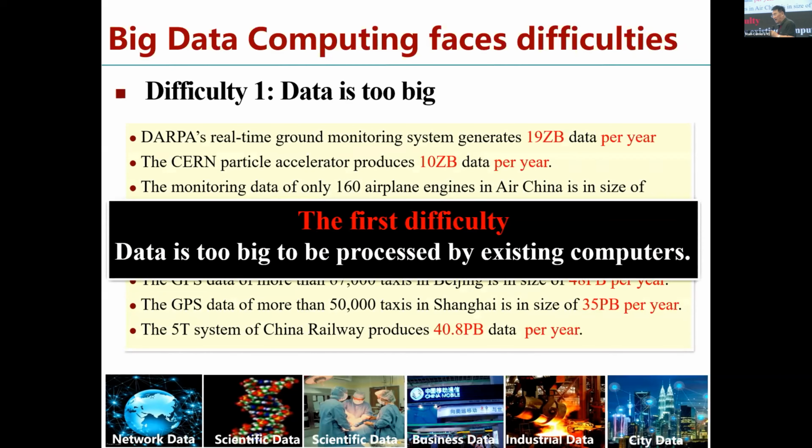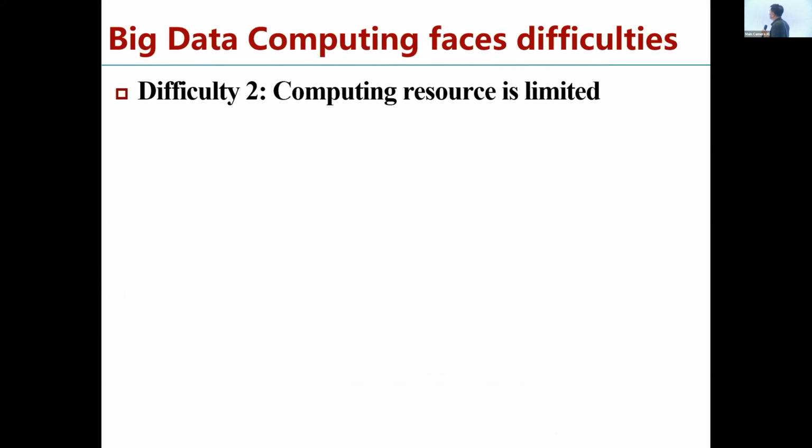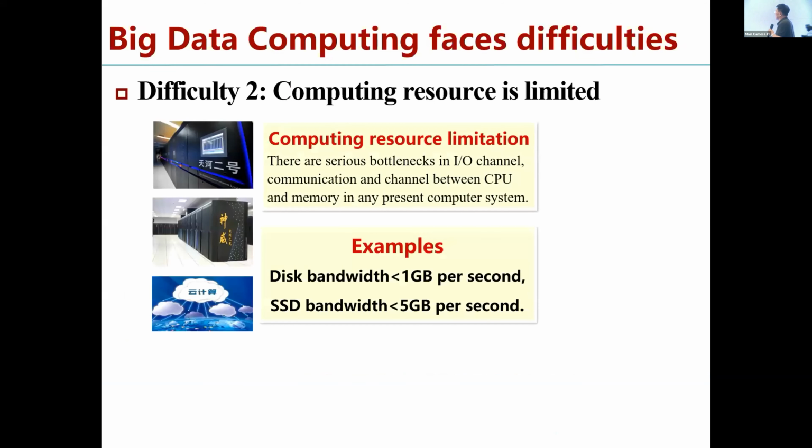Why? That's because computing resources are limited. Everyone knows that computing resources now have a very big limitation. There are serious bottlenecks in the I/O channel and the communication channel.